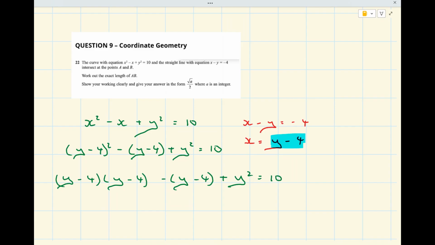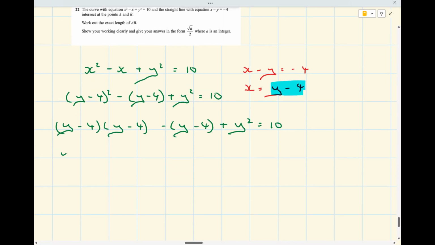Okay, so let's expand those brackets, shall we? y squared minus 4y minus 4y plus 16, that's minus 8y plus 16. Let's remove this bracket: minus y plus 4, plus y squared equals 10. Try and keep your discipline. Try and do one thing at once.